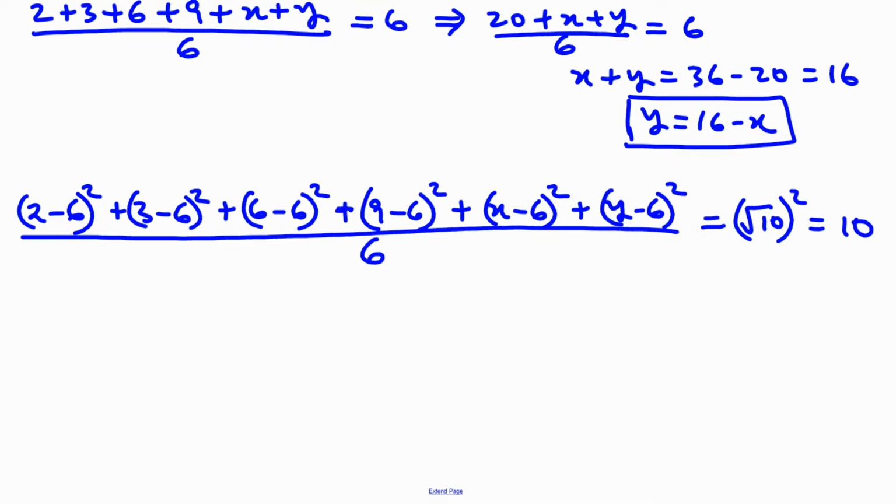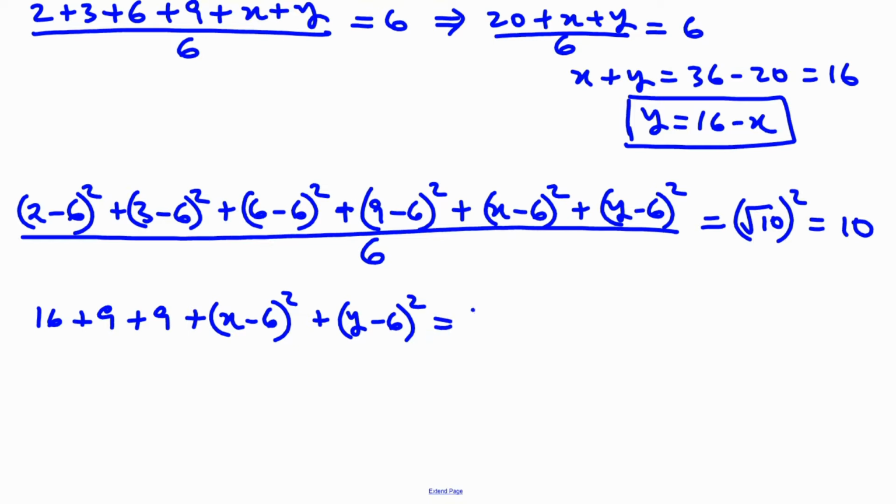If we simplify those squares, we shall end up with 16 plus 9 plus 0 plus 9 plus x minus 6 squared plus y minus 6 squared, and this will be equal to, we can multiply 6 by 10 to end up with 60.